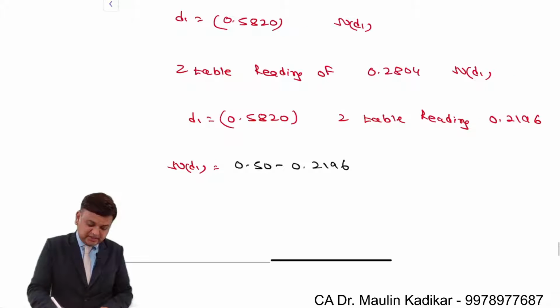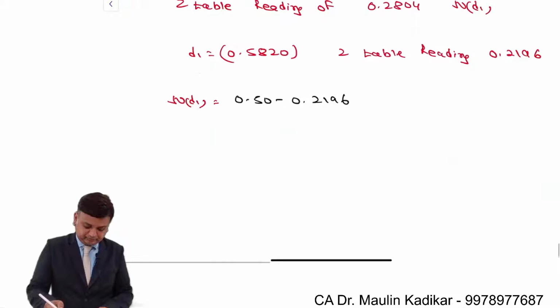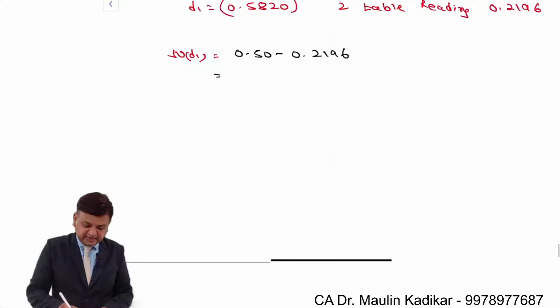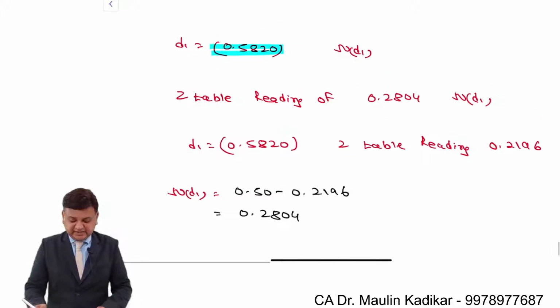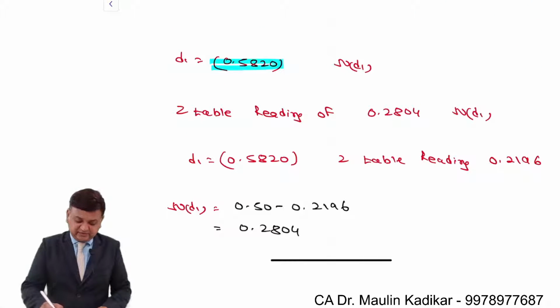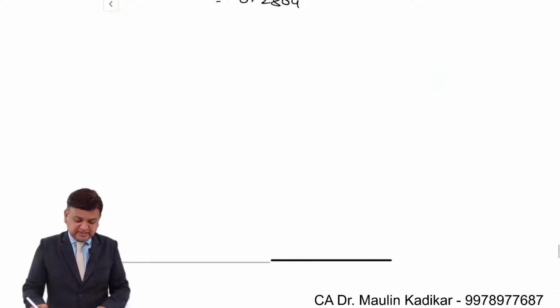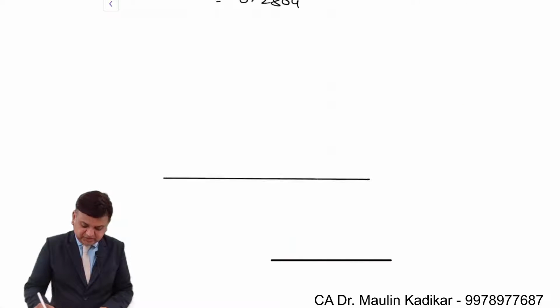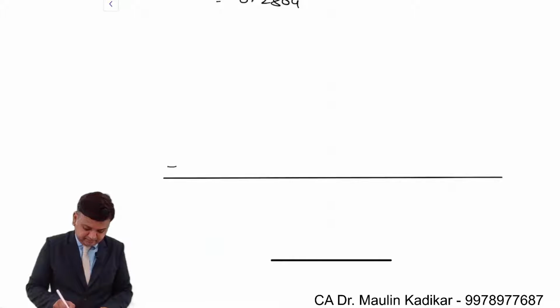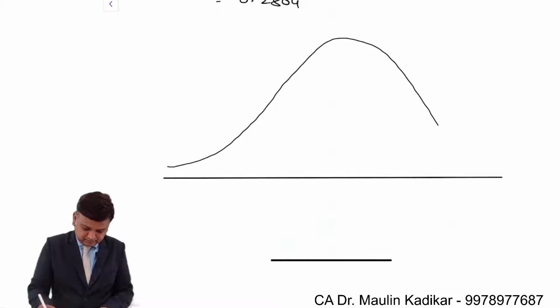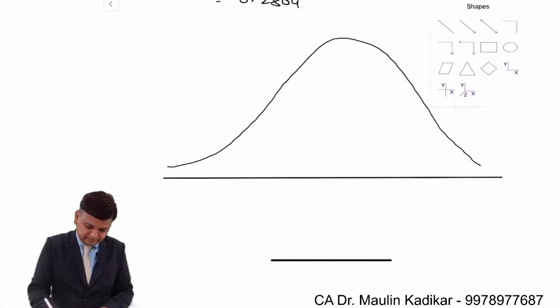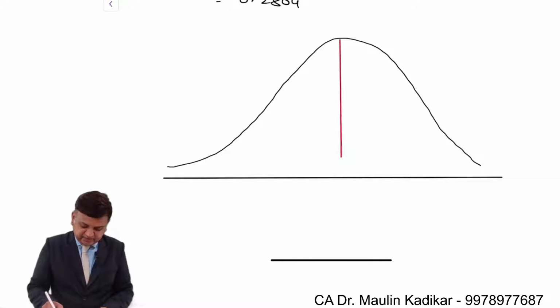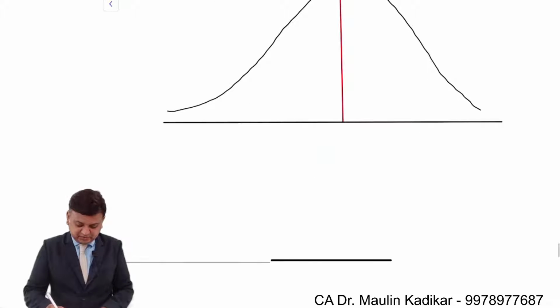Because the D1 value is negative. So what is the final answer? The final answer is 0.2804. Whatever this final answer that we have of ND1, itself is the answer that you will be able to get over here. You have to understand it like this. This is a bell-shaped curve diagram. This is exactly in between, that is 0.50.